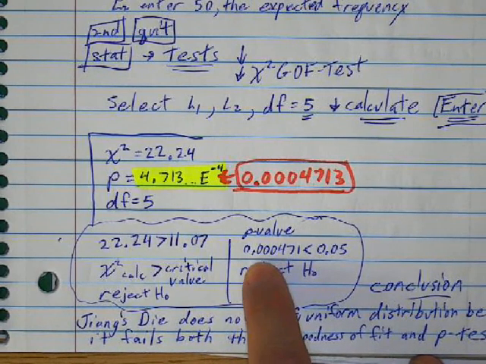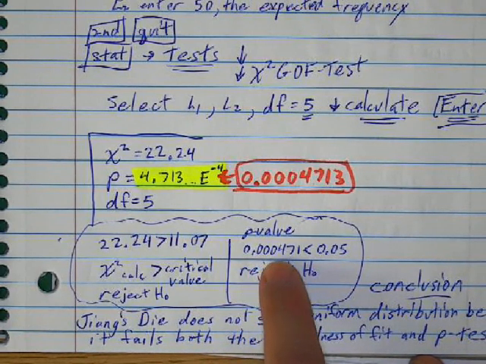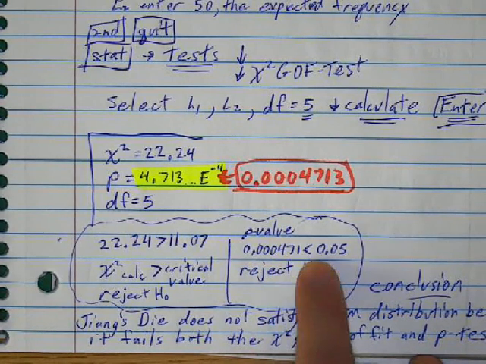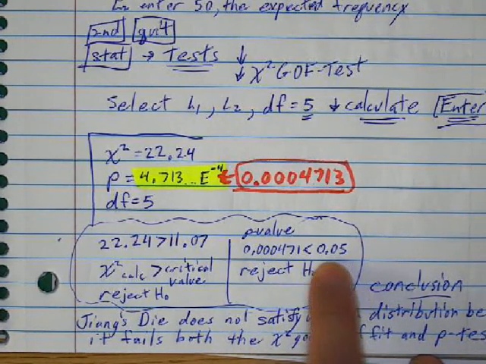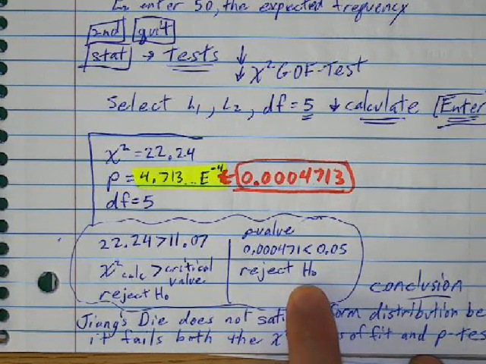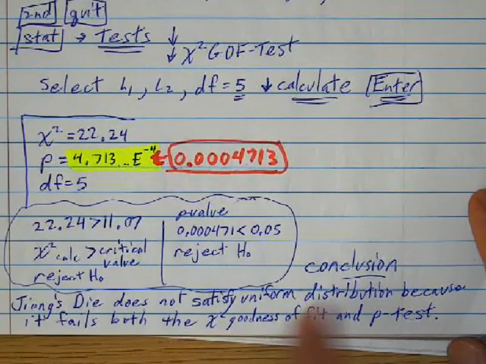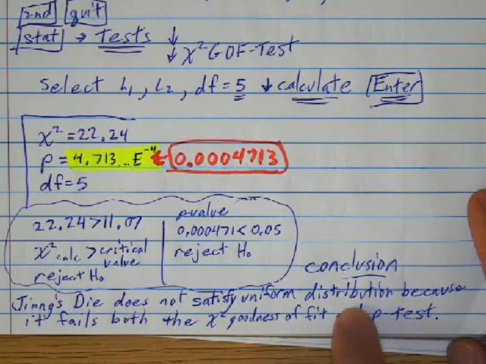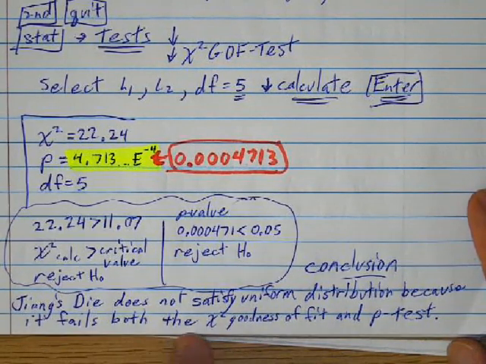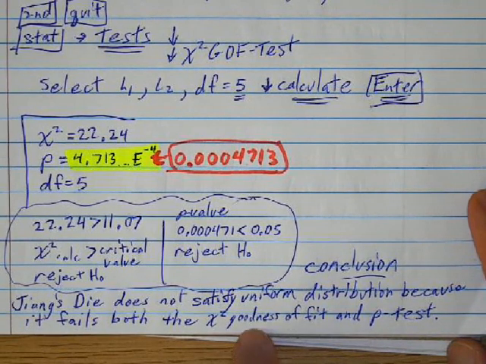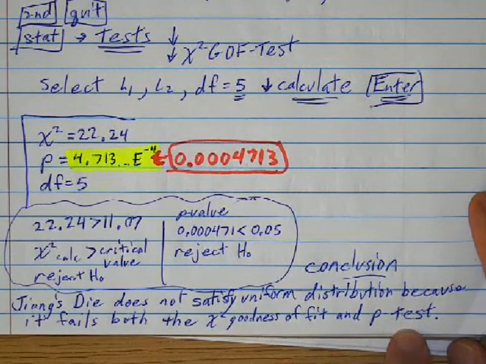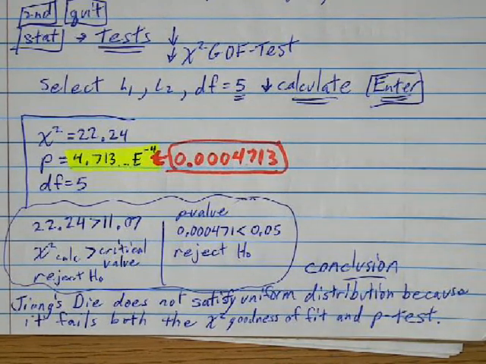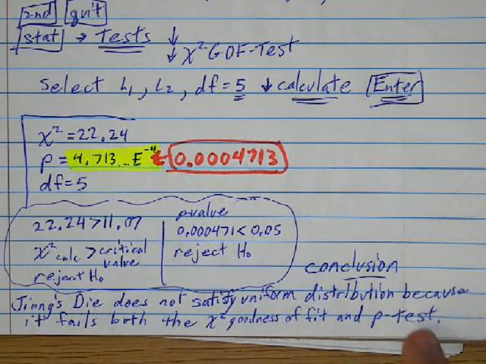My p-value is 0.000471, which is less than 0.05, so we reject the null hypothesis also. In conclusion, Jiang's die does not satisfy a uniform distribution because it fails both the chi-squared goodness of fit test and the p-test. Don't forget your reason, because they're going to ask, does it satisfy it, yes or no, and what is the reason? The reason requires this last bit.